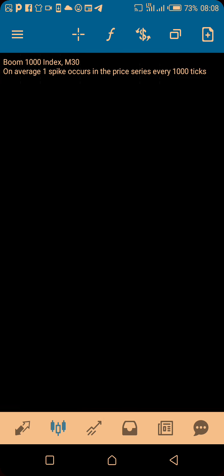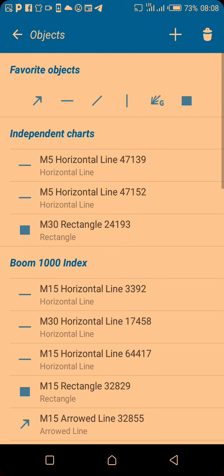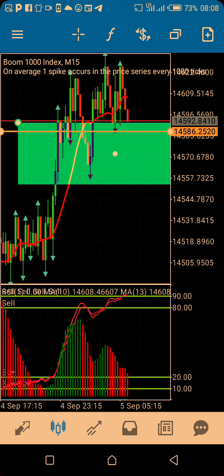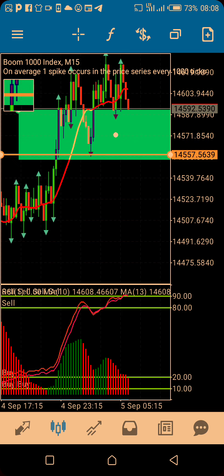So when I go back to M15, this is where I'm expecting it. It can shoot on the first, it can strike here, but it can penetrate. If it penetrates here, it can strike here, but if it passes all those, the last level is here. Then it will start going up.